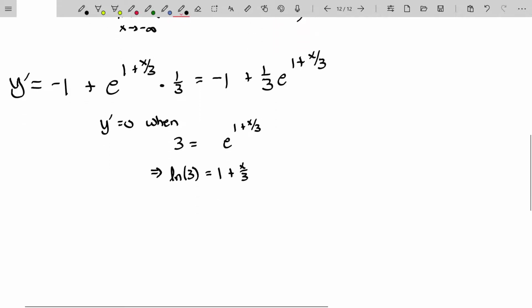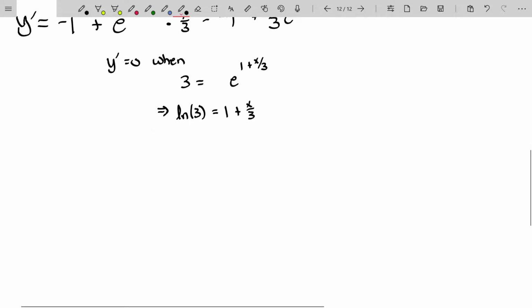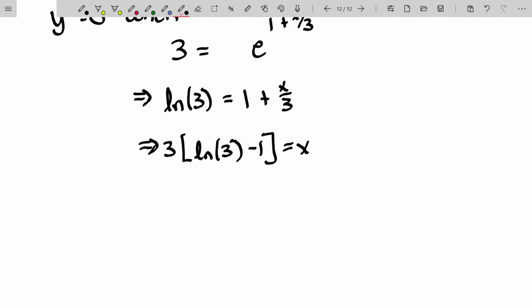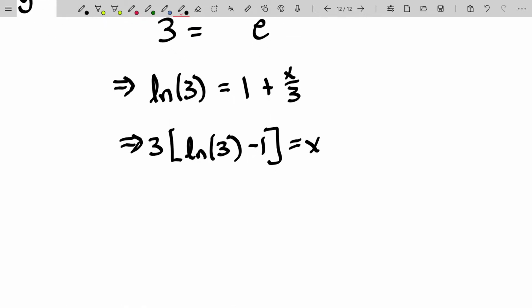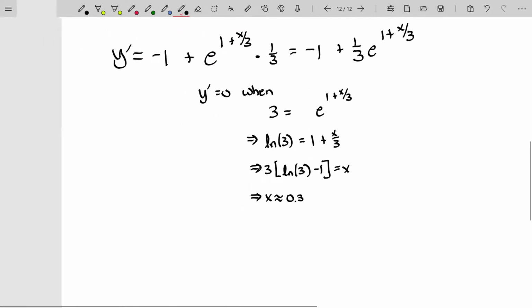Subtract 1 from both sides and multiply both sides by 3, and you'll get the following. 3 times the quantity natural log of 3 minus 1 is equal to x. That is where our derivative is 0. You can go ahead and grab a calculator to approximate that. It is roughly 0.3. So I'm going to go ahead and say that this implies x is approximately 0.3. We might need some more accuracy on that, but we'll find out as we move forward.